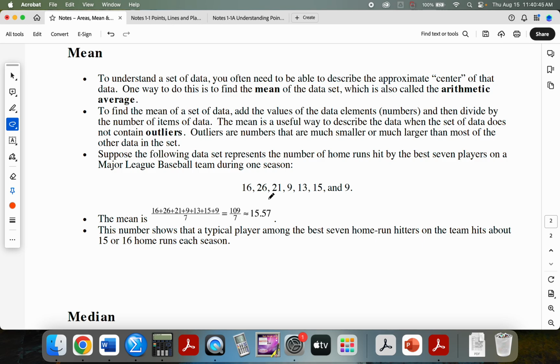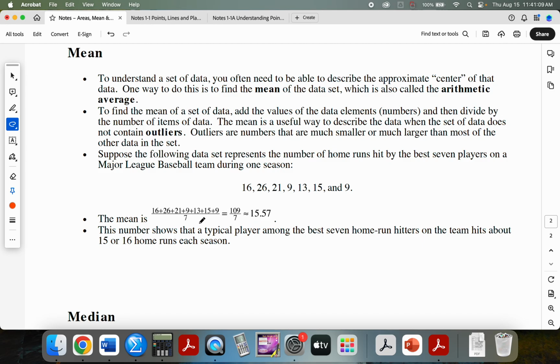Average is probably 12. But if your best player only hit 26, that may not be great. It's not horrible, and it's not out of the imagination, certainly. But typically, especially these days, you have players hitting lots of home runs.